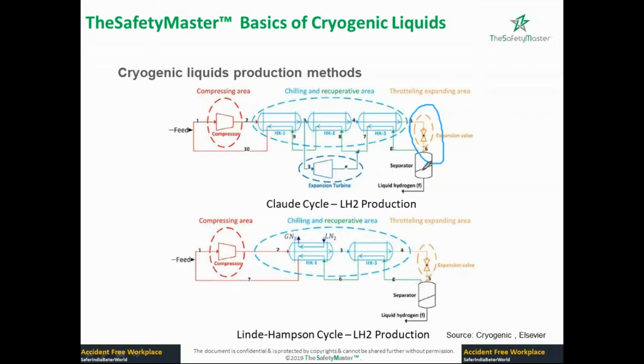The liquid will accumulate here, and the vapor, very cold at low pressure, goes back and cools the incoming gas. It goes to the expander, further drops the temperature, and further reduces the temperature of the incoming gas. That's how the whole process works.